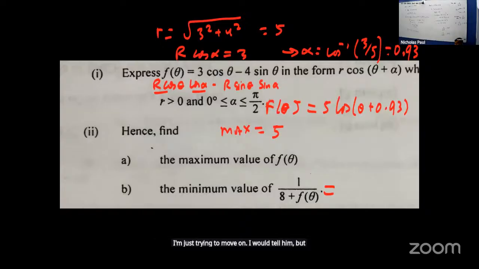How much? 1 on 13. Thank you, Chloe. 1 on 13. Nice. Next one, slightly harder, right? Same principle, same concept. Don't get frightened, right?